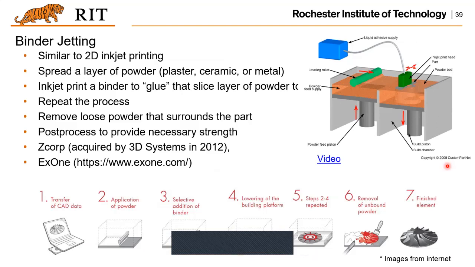Binder jetting is similar to inkjet printing, but it has a binder, meaning glue, right? The glue will bind the powder together for each of the layers. After the whole part is printed, the binder will be removed, usually by sintering, and you will have a finished part with good material properties.